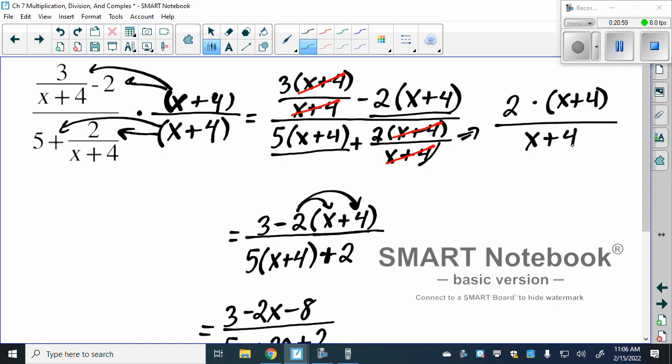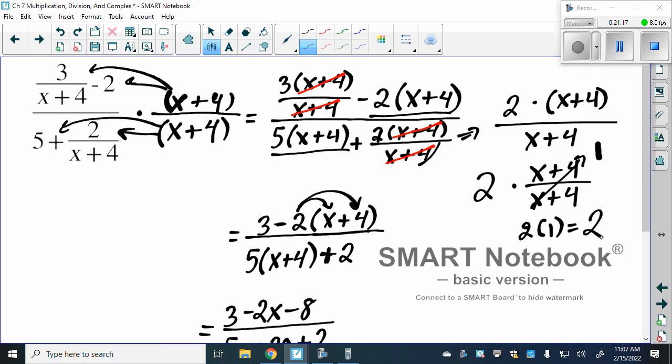So really what this is telling me is that I have 2 times the quantity x plus 4 over x plus 4. Well, x plus 4 divided by x plus 4 is 1, so I have 2 times 1, which gives me 2, is what we have for this part here. So that's why we can get down to this 2.